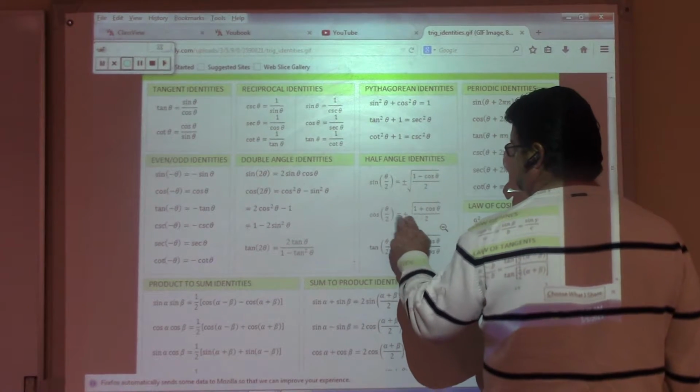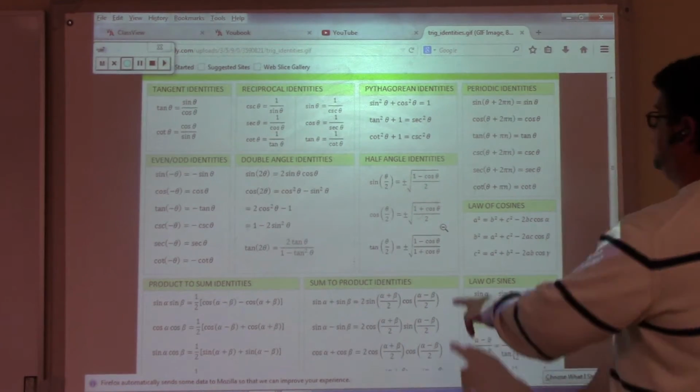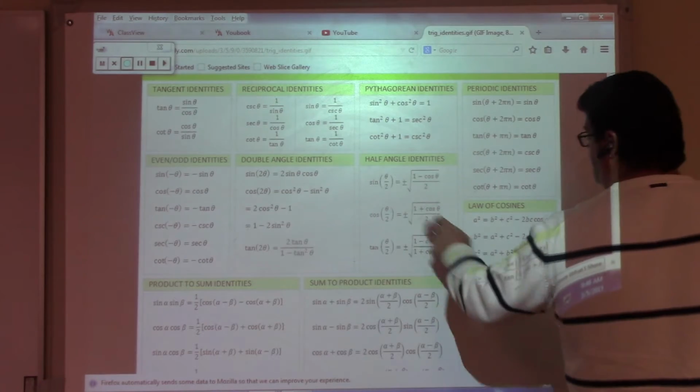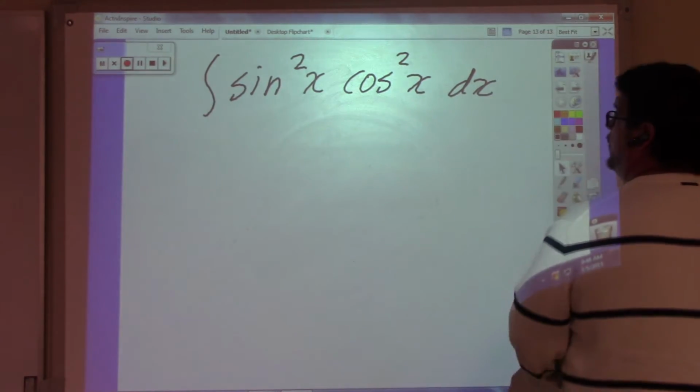For cosine squared of theta, we have 1 plus cosine over 2. So those two are going to go in without the radical right here.